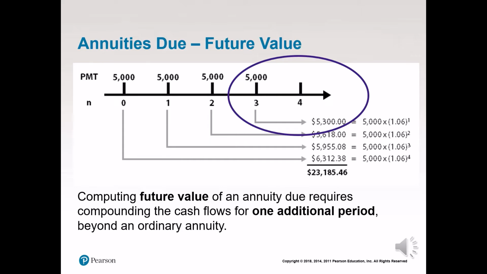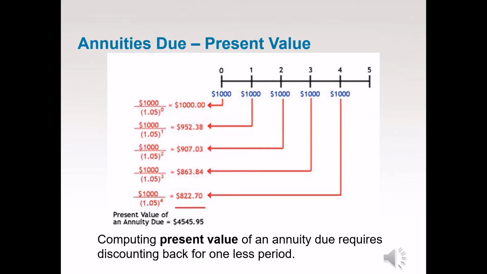Taking a look at the present value of an annuity due, you'll see that the opposite is true when we discount. Since there is cash flow in year 0, there's discounting for one less year.